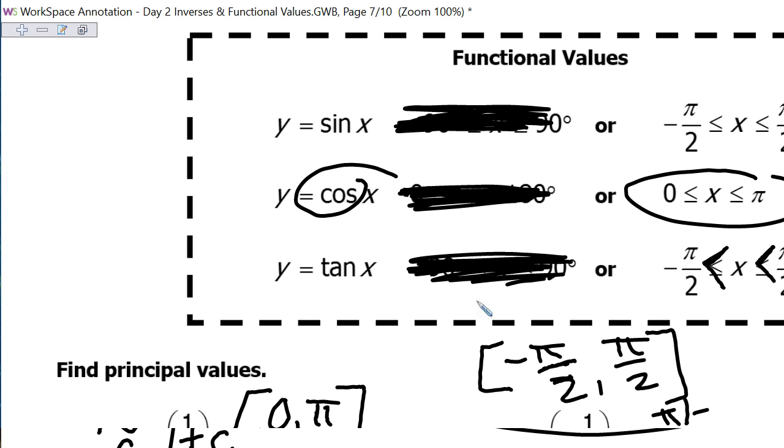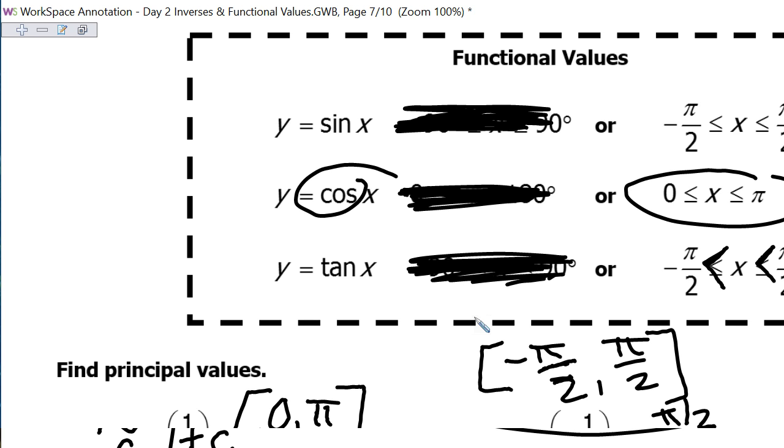Positive pi over 2 would be up here. So my angle has to be somewhere between quadrant 4 and quadrant 1. But if the value is negative, which quadrant could it not be in? It can't be in quadrant 1. In quadrant 1, sine is positive. So I need the angle that's in quadrant 4.